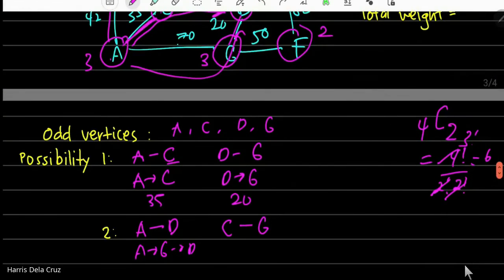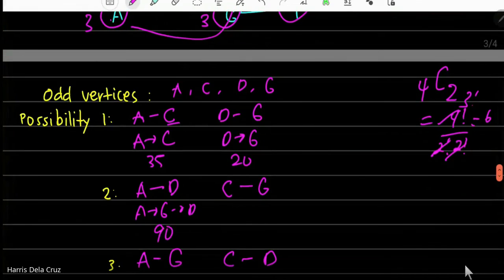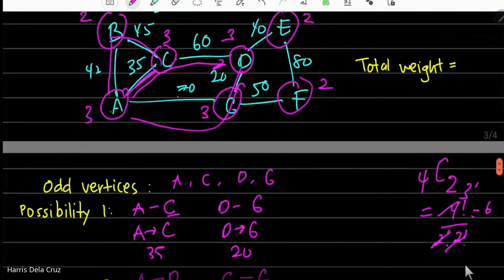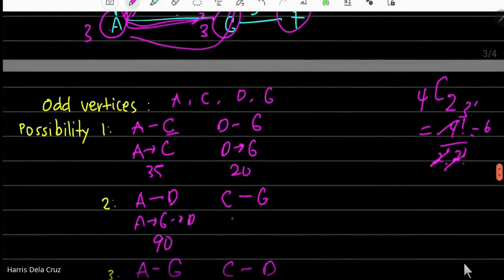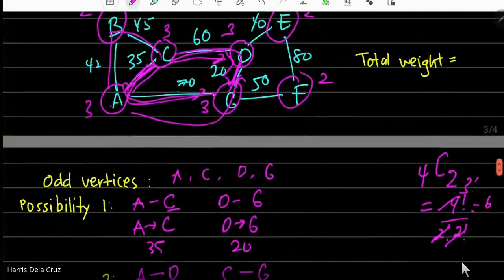That gives us 90. C to G is either dito, that's 80, or dito, 105. Pwedeng through D or through A. Pero mas maigsi kung through D. That's 80. So, C, pupunta muna kay D, and then pupunta kay G. That gives us 80. Right? Okay.